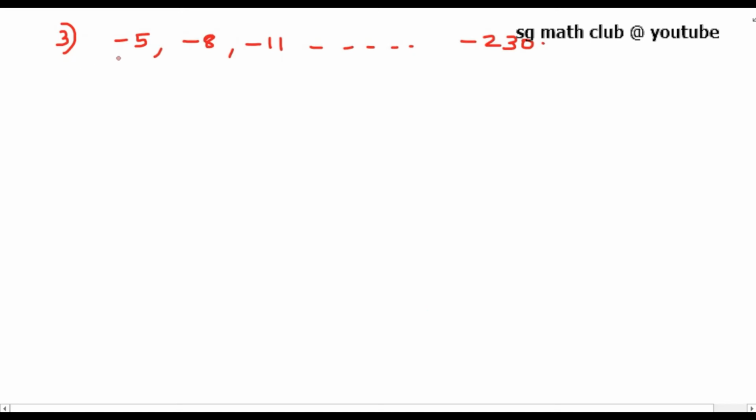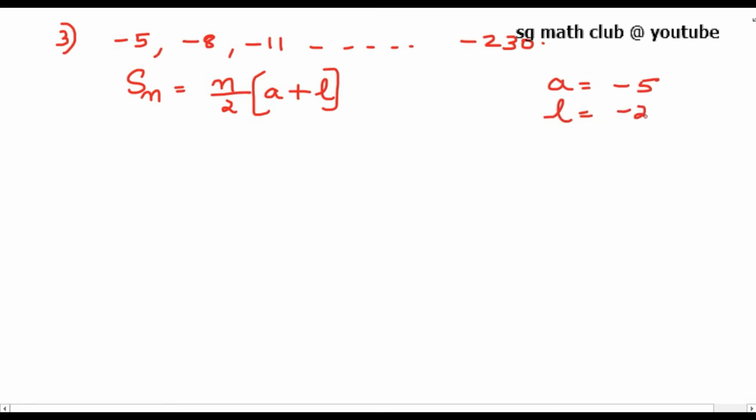Now the third question: −5, −8, −11, etc., up to −230. Here the first term and the last term are given, so we can use the formula n/2 × (first term + last term). The first term is −5 and the last term is −230, but we have to find n.